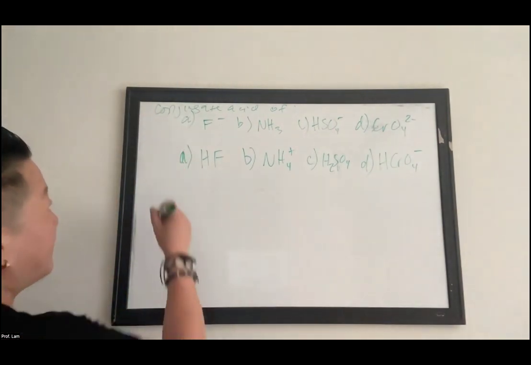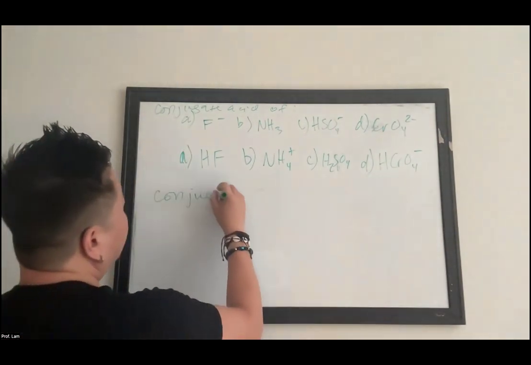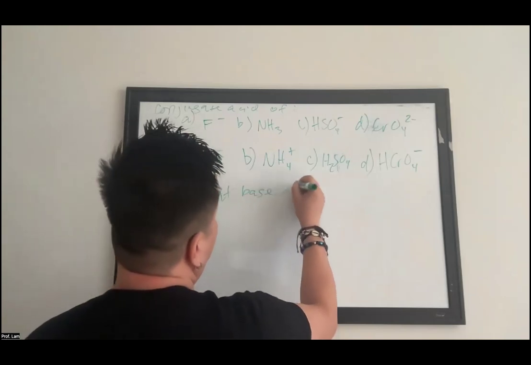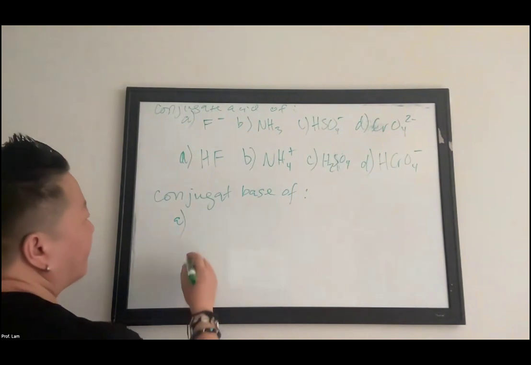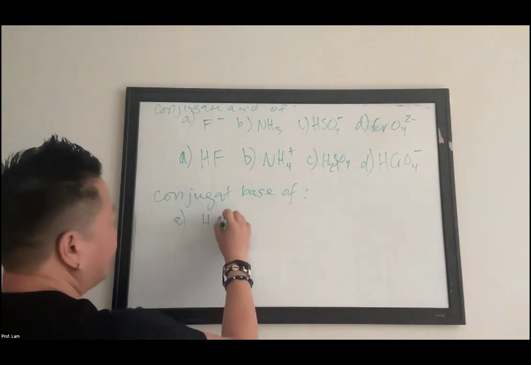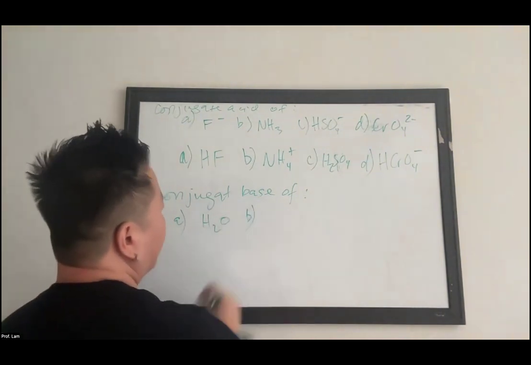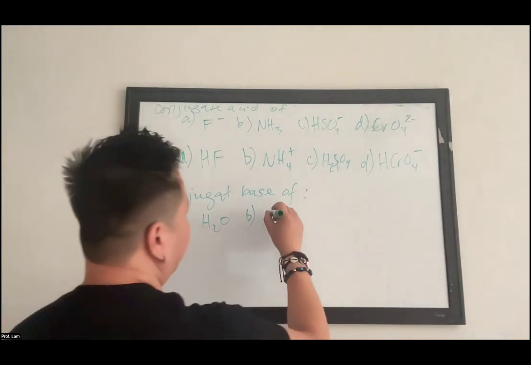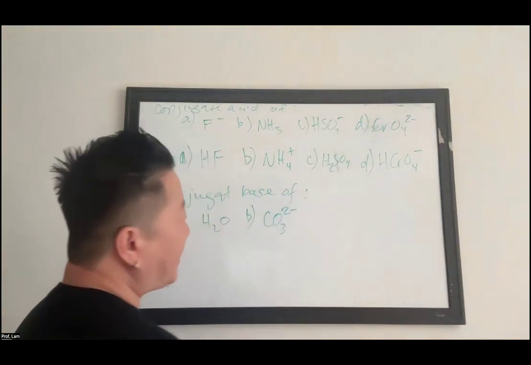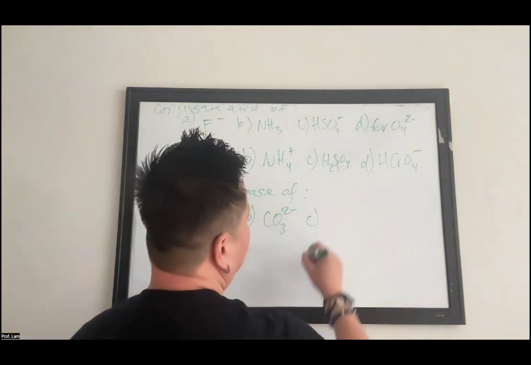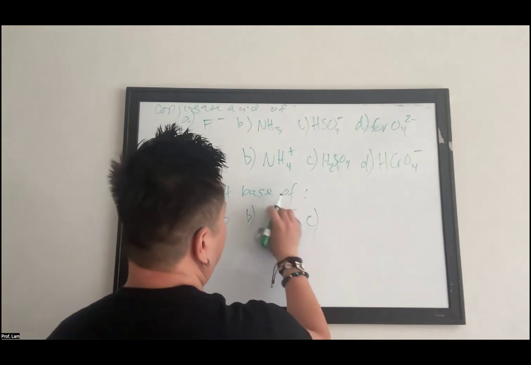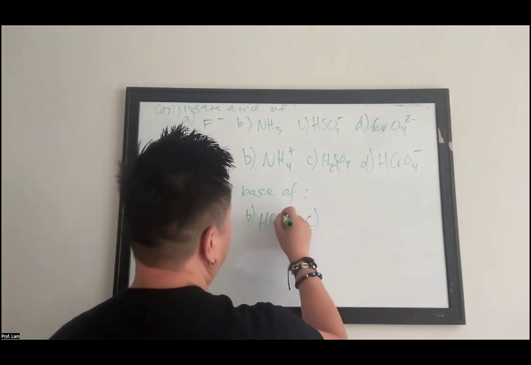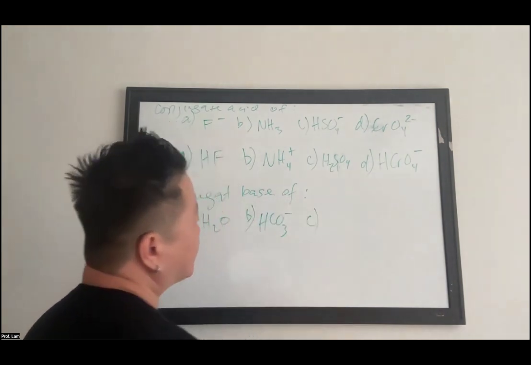Good. Now, what if I ask you for the conjugate base of things? So let's say I want the conjugate base of water. I want the conjugate base of bicarbonate, HCO3 minus.